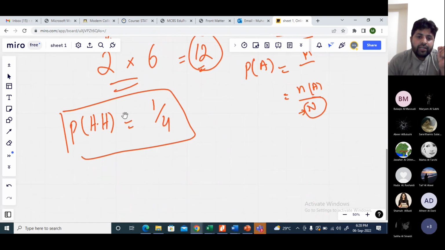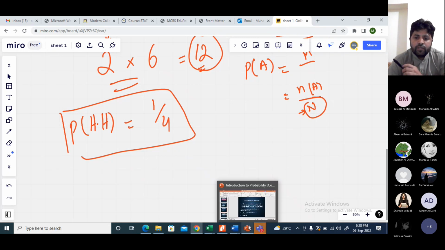So we can write here two heads means one event only, divided by four, which means the total number of experimental outcomes. So it's really important to know the total number of experimental outcomes. If you have any question during my explanation, you can interrupt me anytime.